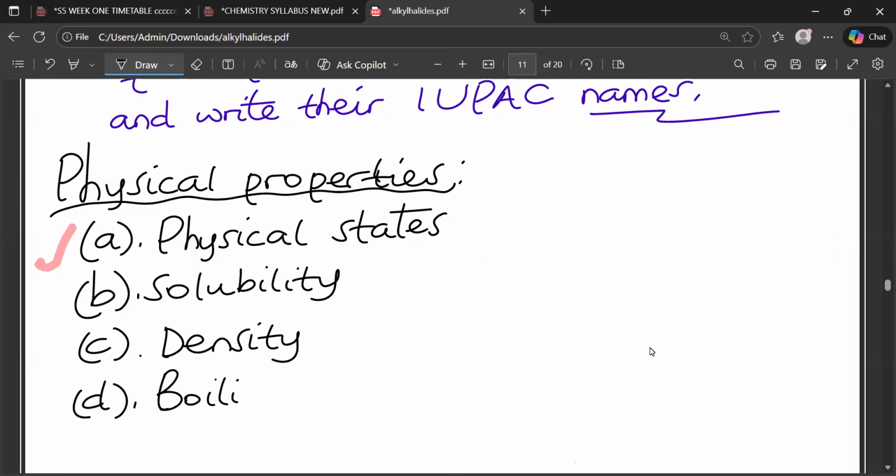So you look at the boiling points, stroke melting points.